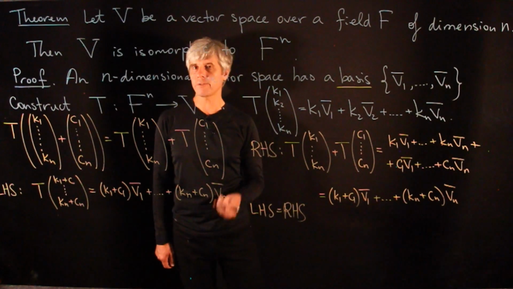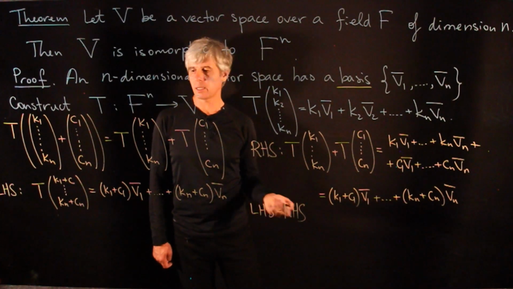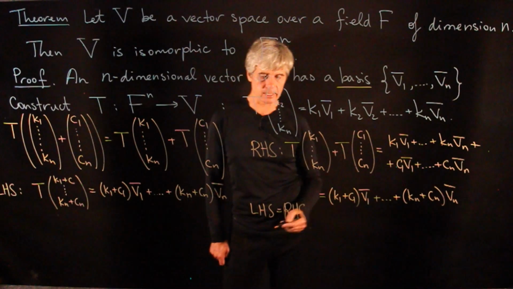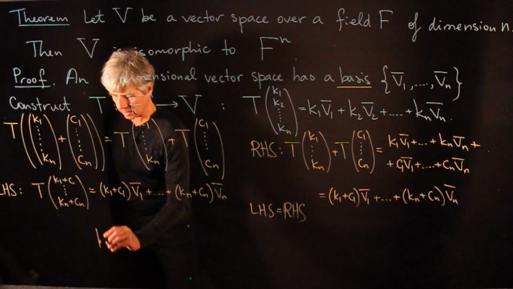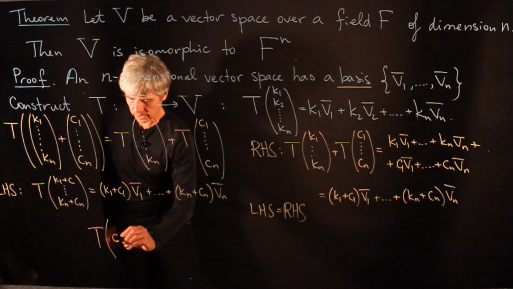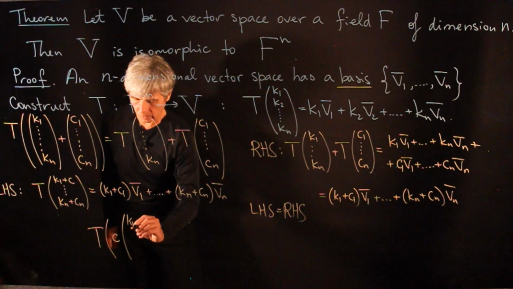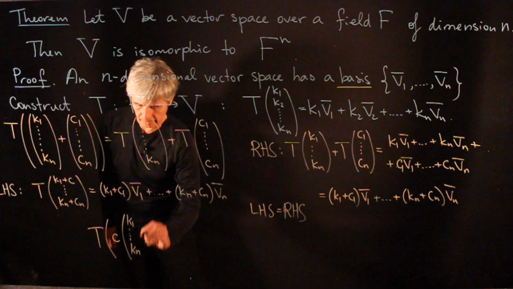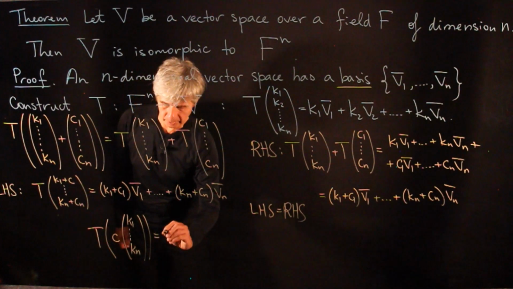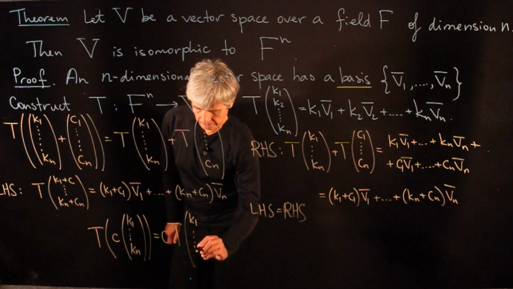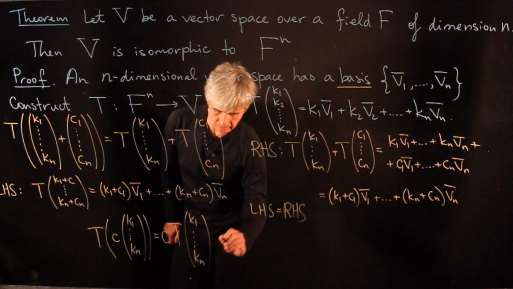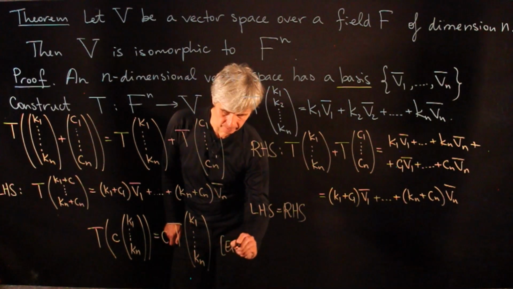And so the final property is left as an exercise, right? One needs to show that T of a constant C times (K1 ... Kn) is equal to C times T of K1 ... Kn. And that's an exercise.